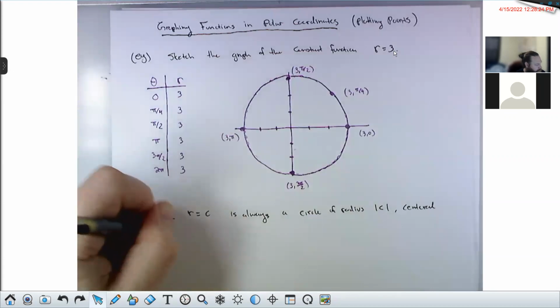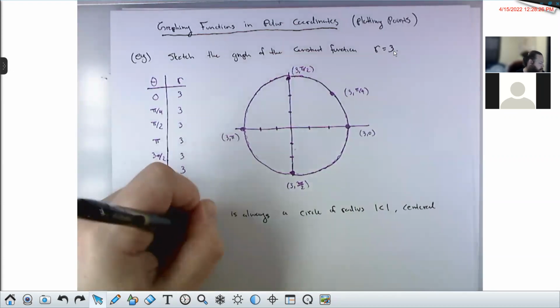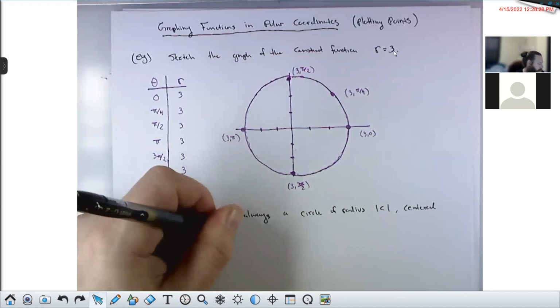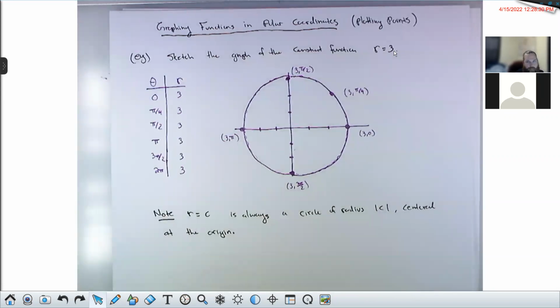Centered at the origin. So just like how in your regular xy life, y equals a constant is always a horizontal line, in your polar life, r equals a constant is always a circle centered at the origin.